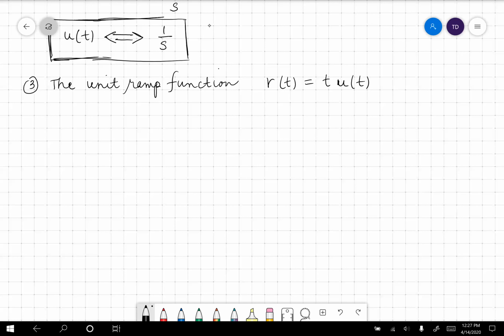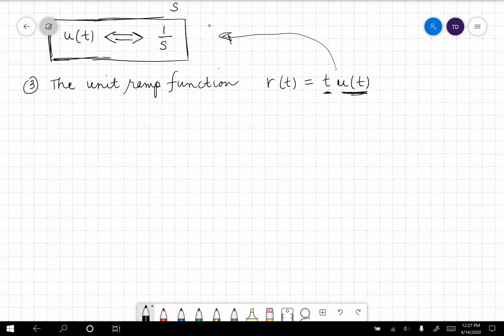The reason I want to point this out is because this is a t multiplier. We have this function already, and here's its transform. Now we're taking that function and multiplying it by t. Some interesting things happen when we multiply by t. Don't worry about what they are right now. We'll develop that property later on.